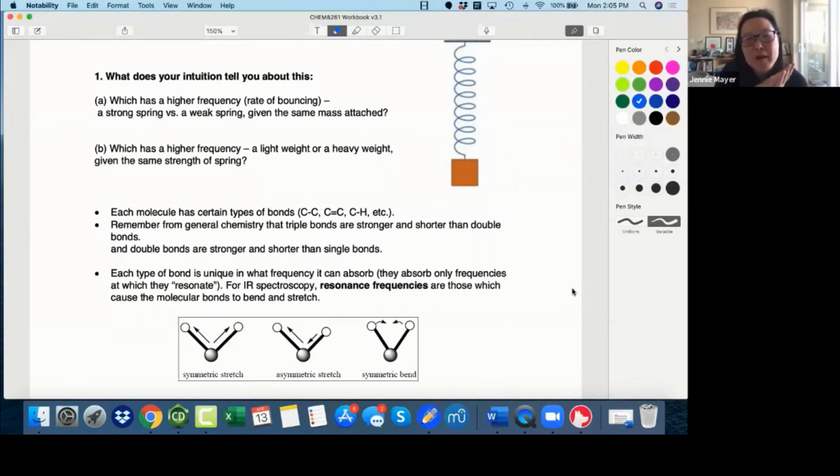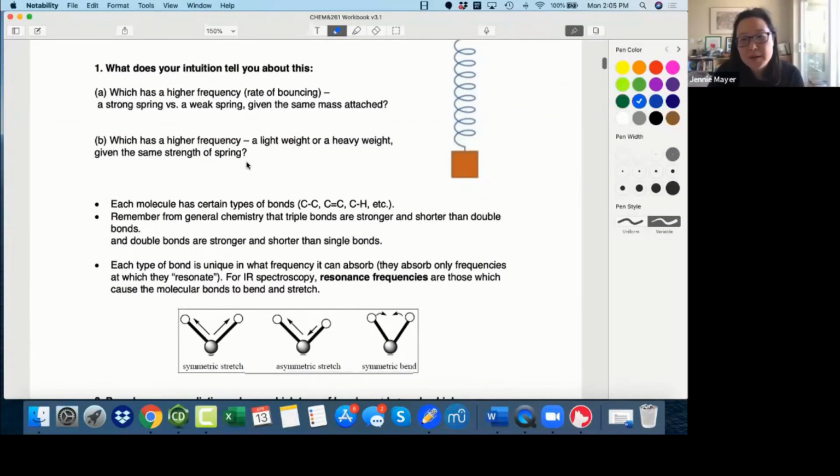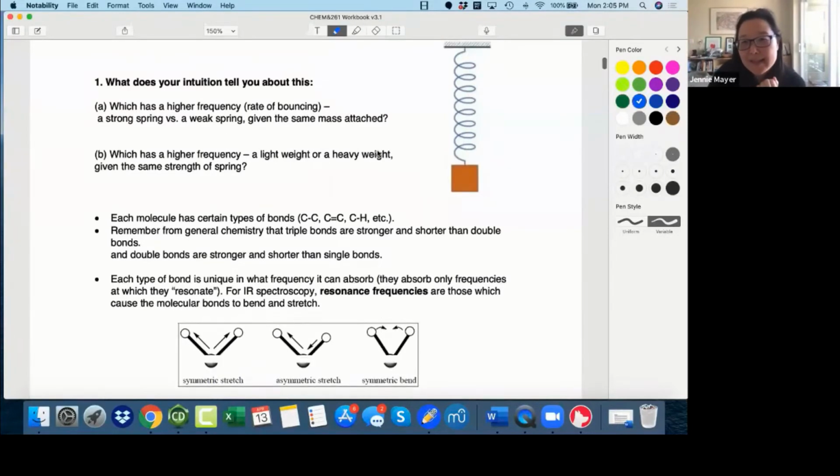And then for part B, let's think about if we have the same spring, stiff or weak, whatever, but you have a different mass each time. So you have a light mass versus a heavy mass. What will happen to that bouncing? Maybe it doesn't matter which mass you have, but let's picture it.